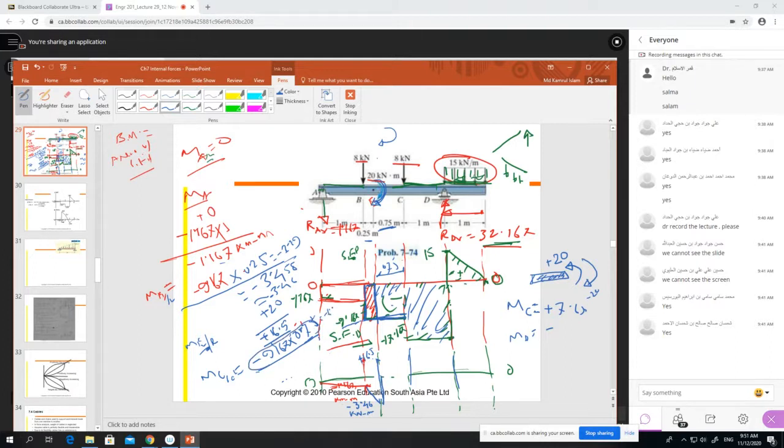minus 6.87. Now if you do the algebraic calculation of these two, how much should we get? We get minus 6.867.